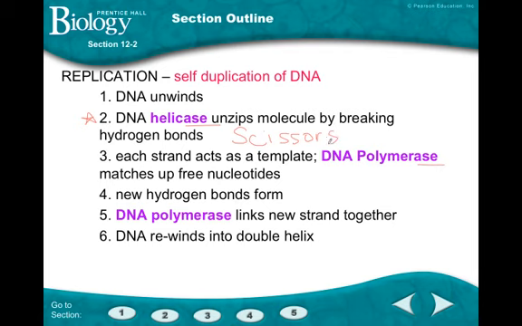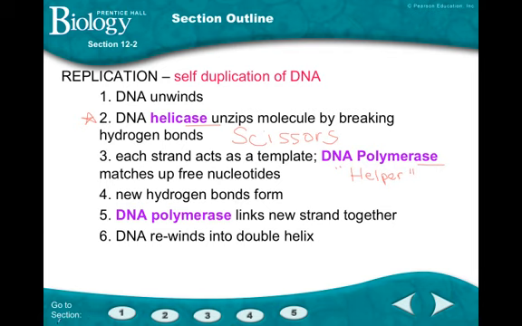Not very good handwriting, I know I'm writing with a mouse. But a helicase is a lot like a pair of scissors, and it goes straight up the middle of that ladder, just cutting it. The DNA polymerase acts a little bit like a helper. It's what actually goes in and makes the new molecule of DNA, all right?